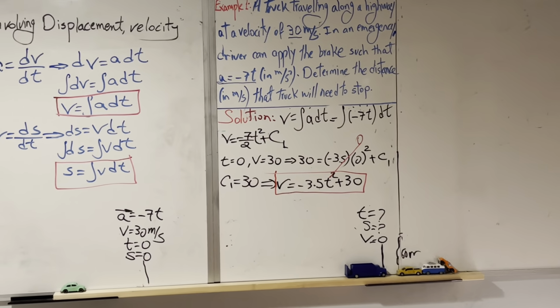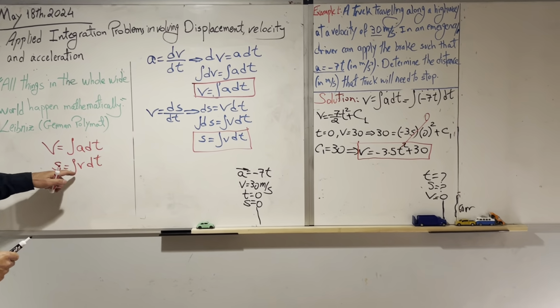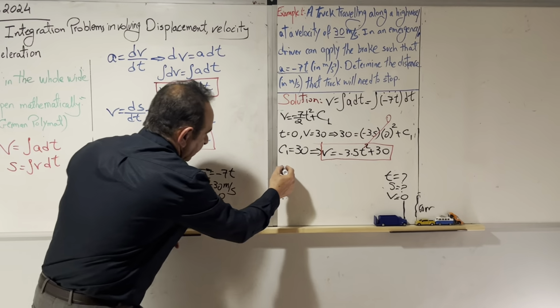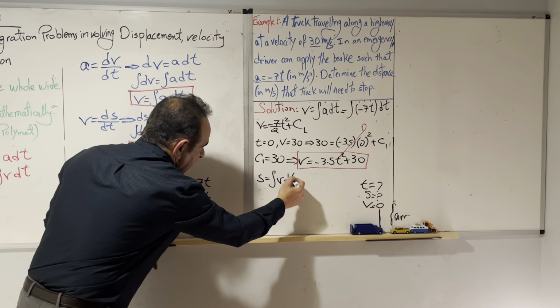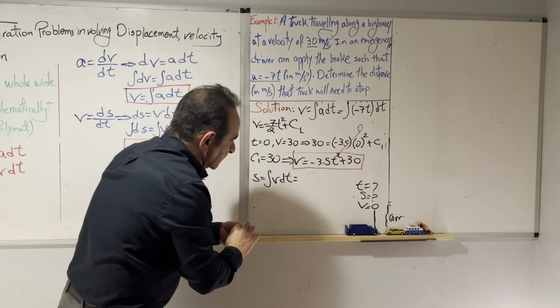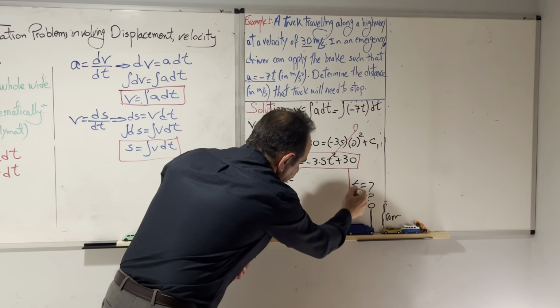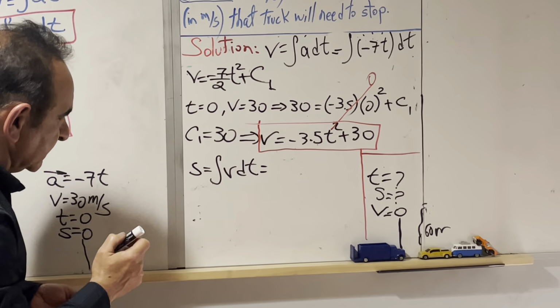On the other hand, we know displacement is the integral of velocity. Displacement is the integral of velocity dt. We have the velocity. I just draw a line here to avoid mistakes.